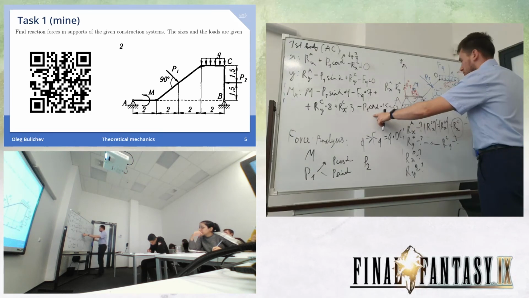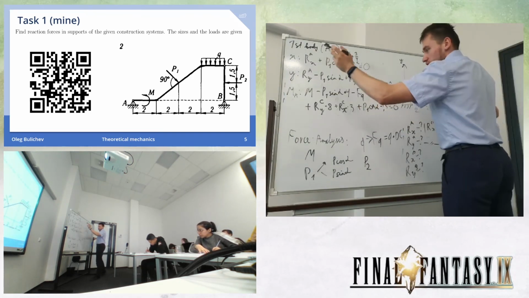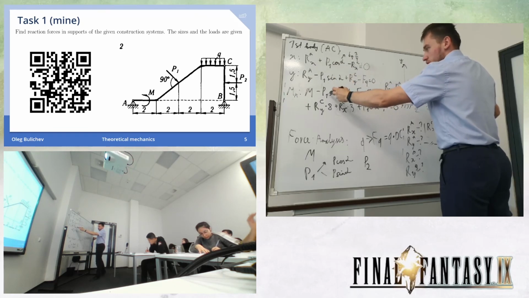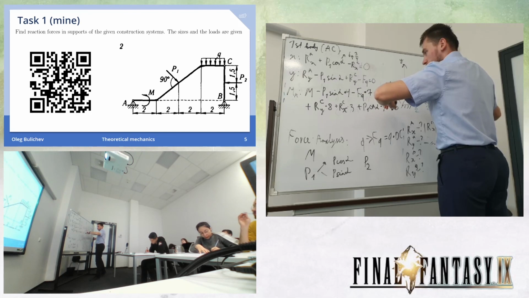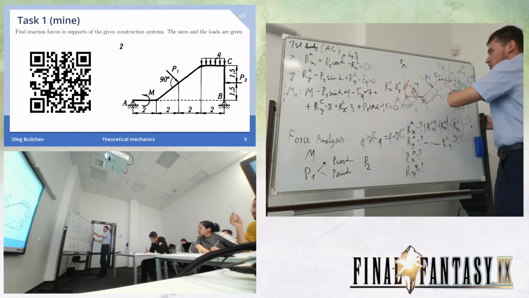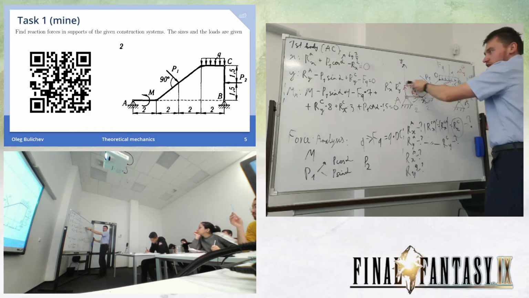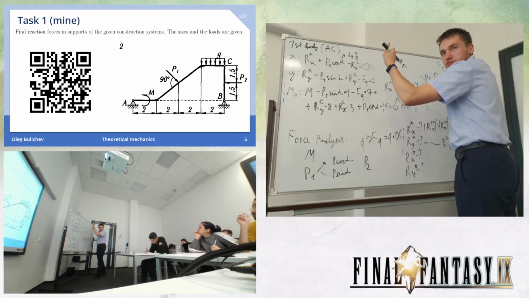Yes, I changed it, remember? I did it correctly. P1 sine, rotated. So we consider this point like this. Or we might take cosine and put it there. There are two possibilities, because we considered one before.